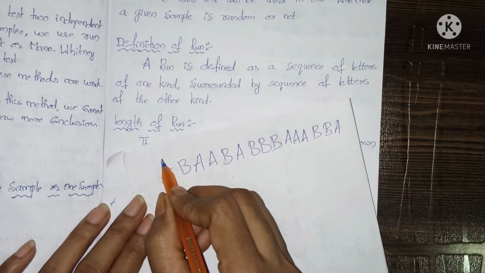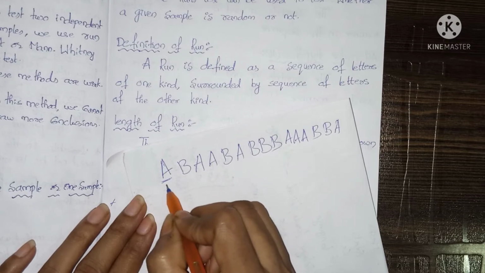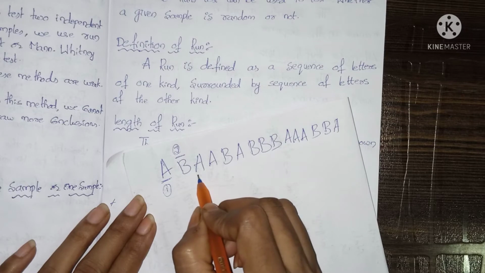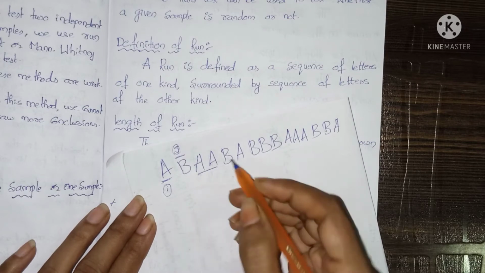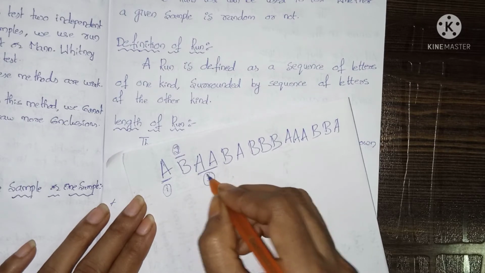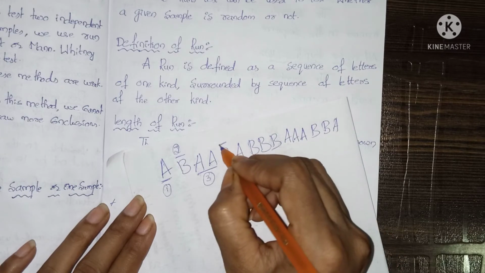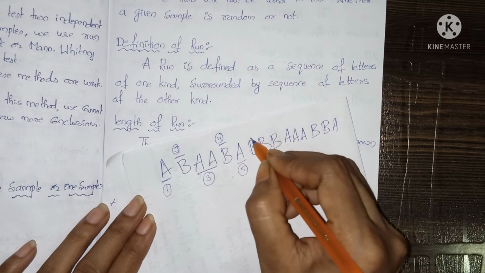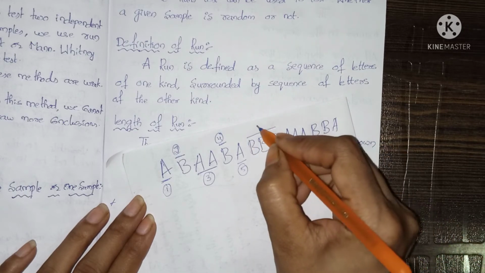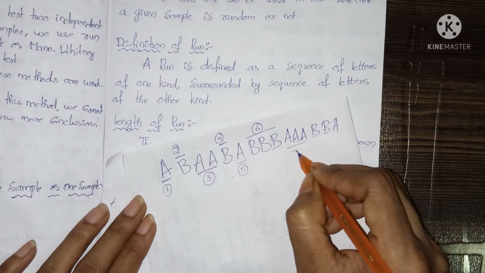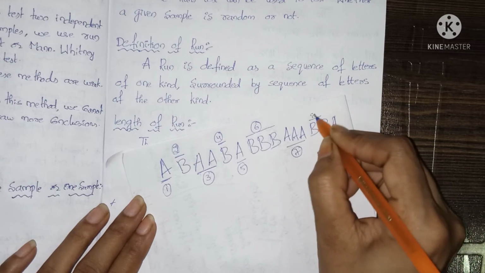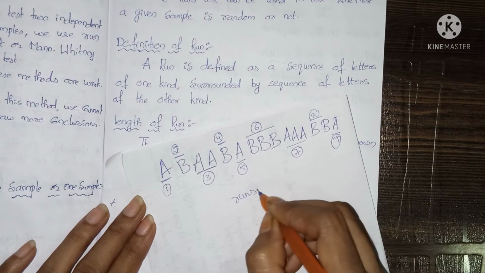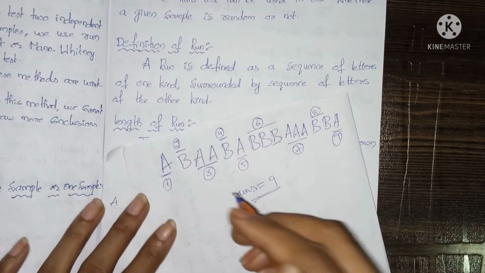This is the first run, because it is only one kind. Next, B is another kind, so this is the second run. Next, A has two elements, so this is the third run of one kind. Next, B is another kind, the fourth run. Next, A is the fifth. Next, B we have three, this is the sixth run. And this is the seventh run. These both are the eighth run. And here, 9. So in this sequence we have 9 runs.